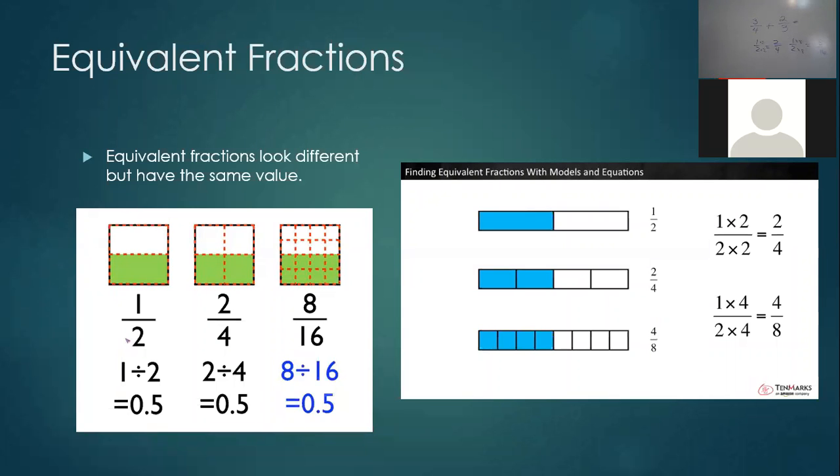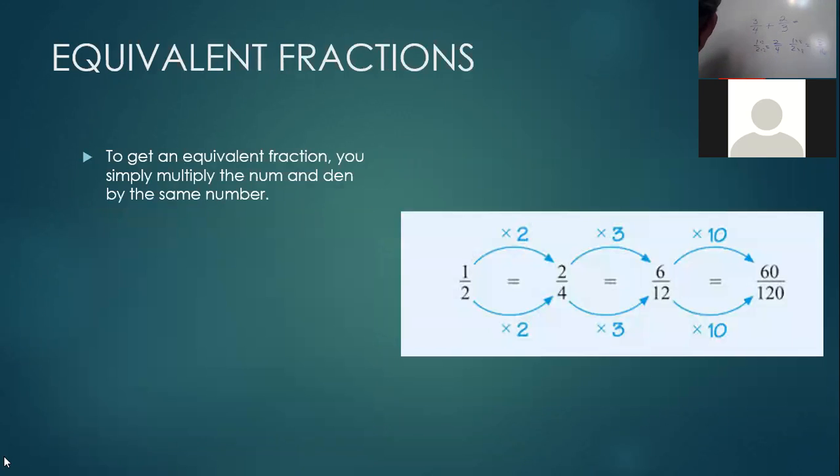So if I multiply the same number by the top and the bottom, I get what's called an equivalent fraction. So that's how we do it. That's how we get an equivalent fraction: we multiply the same number by the top and the bottom. So you can illustrate it right here.